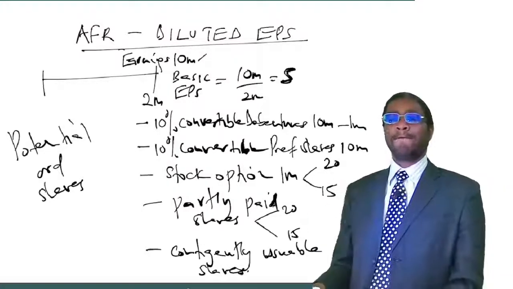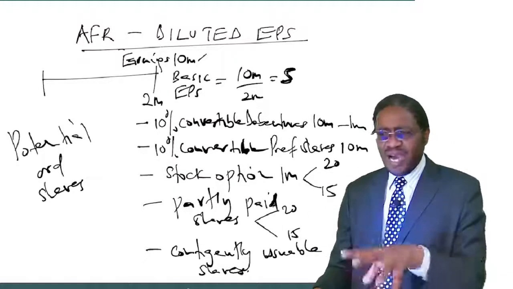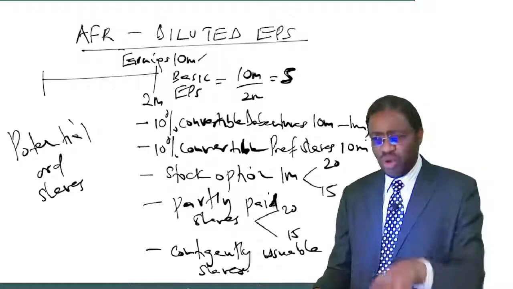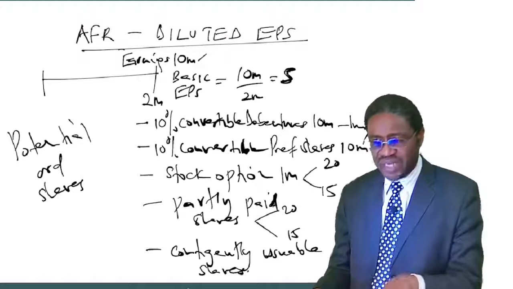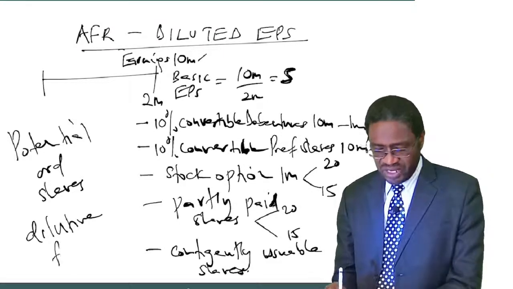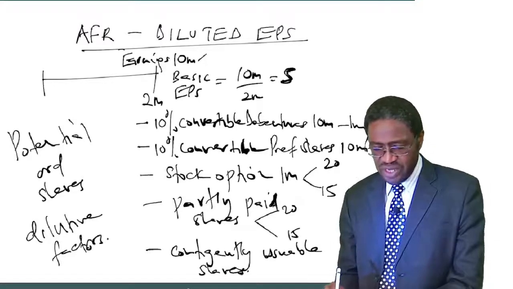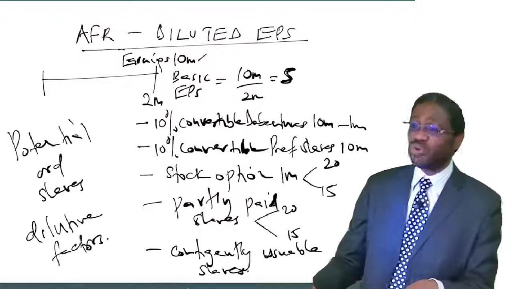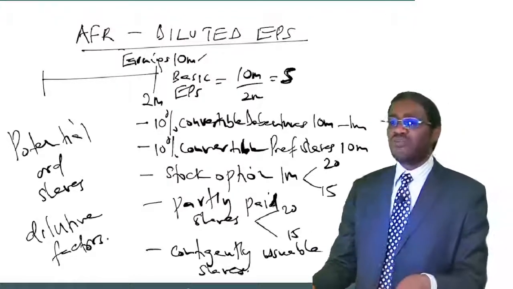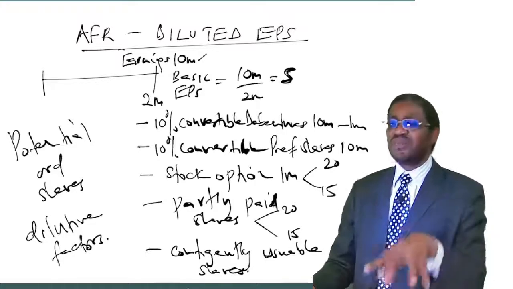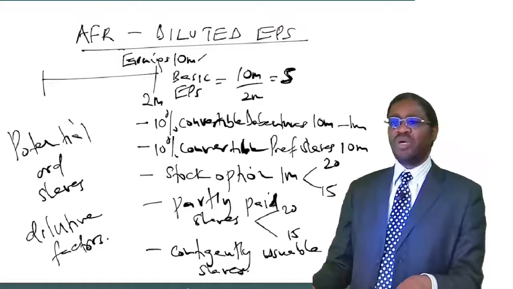Good. So these are what we can call potential ordinary shares, or some books will call them dilutive factors. What are those dilutive factors? The dilutive factors include convertible debenture, convertible preference, stock options, partly paid shares, and contingently issuable shares.